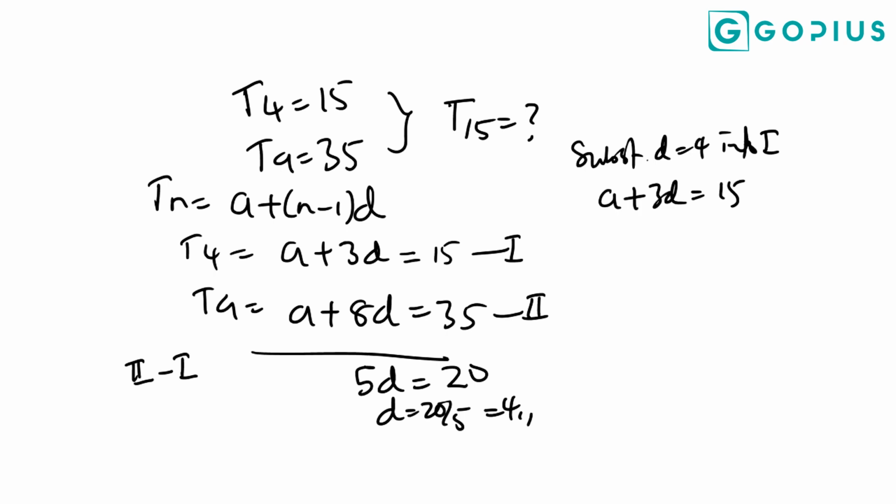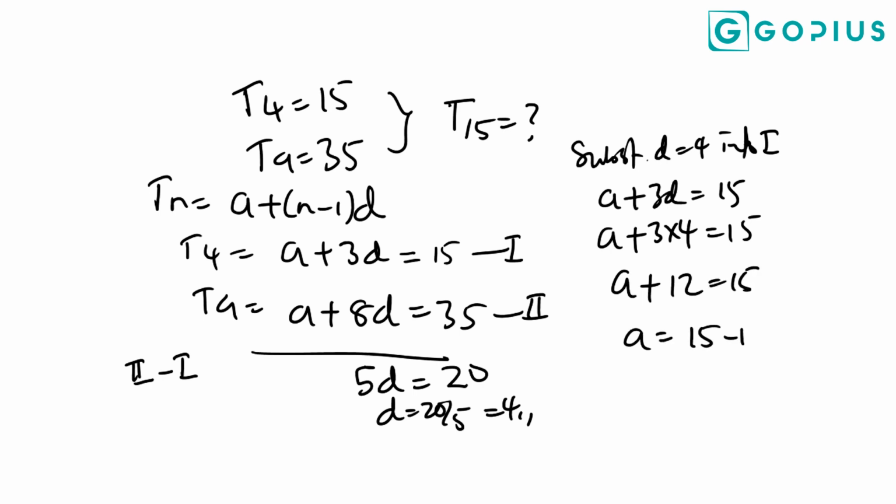So if d is now 4, we have a plus 3 times 4 is equal to 15. So a plus 12 is equal to 15. So a, which is our first term, is 15 minus 12, because plus 12 crosses the equality sign and becomes negative 12. So a is equal to 3. That's the value for the first term. Our first term is 3 and our common difference d is 4.